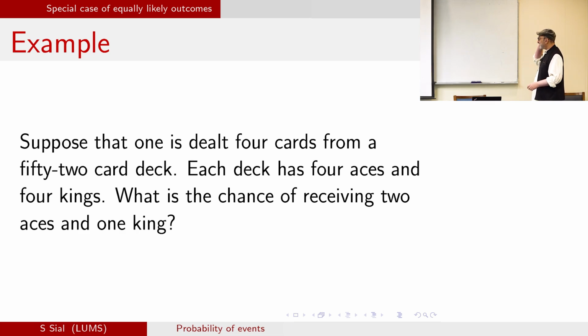So first we have to receive 2 aces. So out of 4 aces, we have to choose 2 of them. Now there are 4 kings, and we need to choose 1 of them.